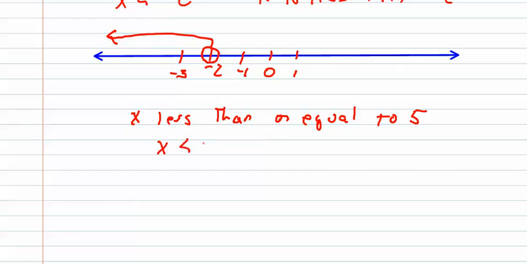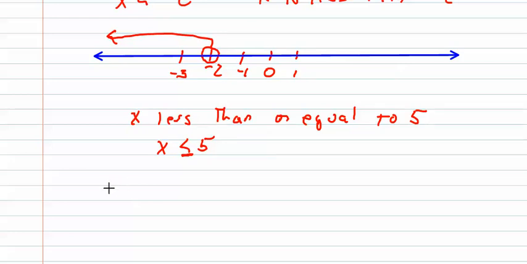X less than 5, but if we want to show it's equal, we put a half of an equal sign there. This is read as x less than or equal to 5.